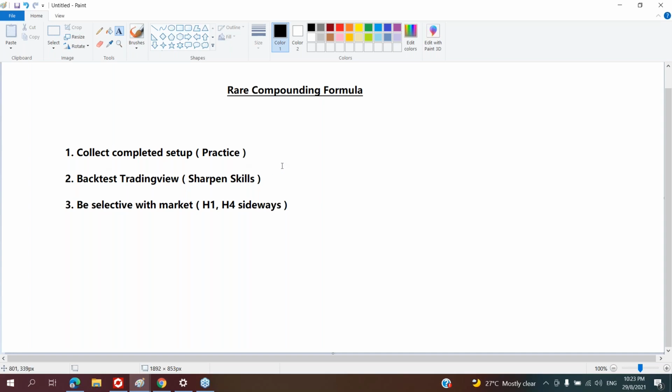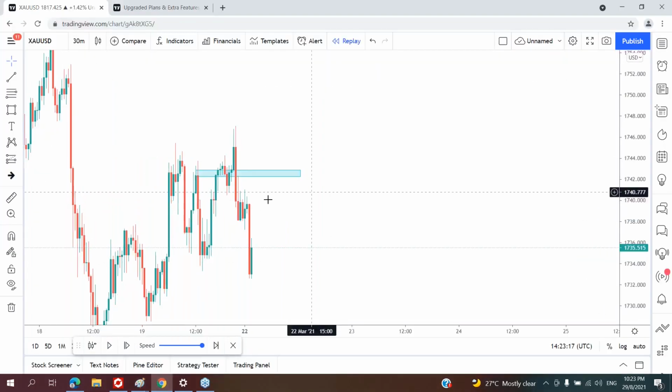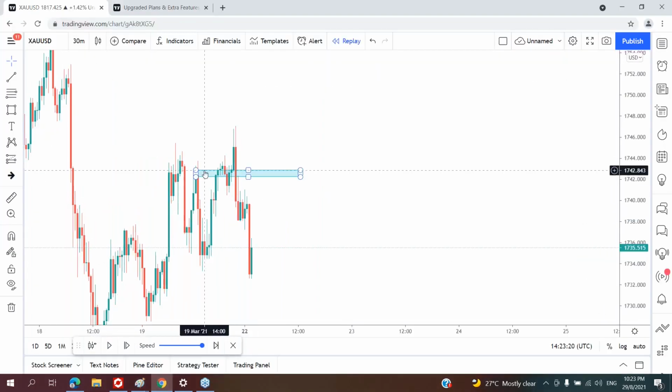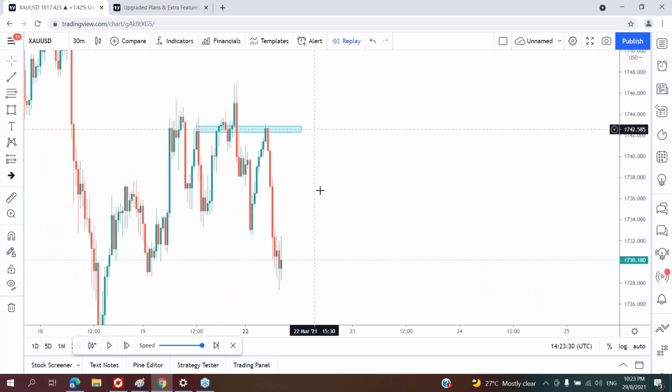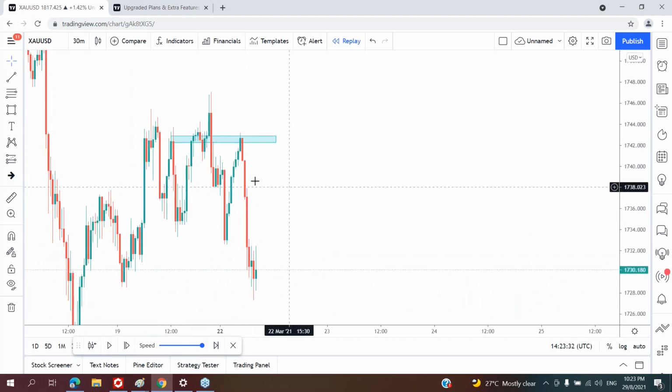It's for you to sharpen your skills and be well prepared to face the real market condition. Let me give you an example. We all know this is high, low, high, high, low, low. So we just try to test ourselves. This is a kind of backtest.